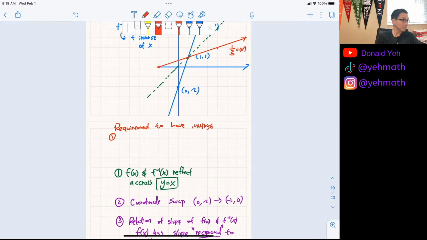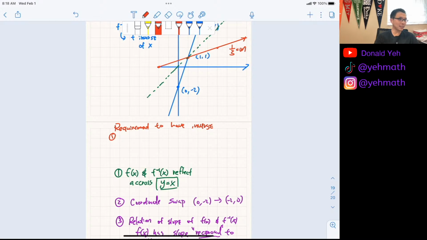Need to be a function? No, that's not good enough. It must pass some type of test. No, but you are close.